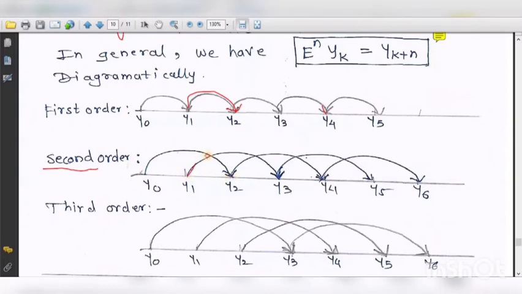Then y1 will be shifted to y3. Look here, after y1, y2 is the first value and y3 is the second value. So y1 is shifted to its second value. Similarly, y4 is the first value after y3 and y5 is the second value, so y3 will be shifted directly to y5 and so on.